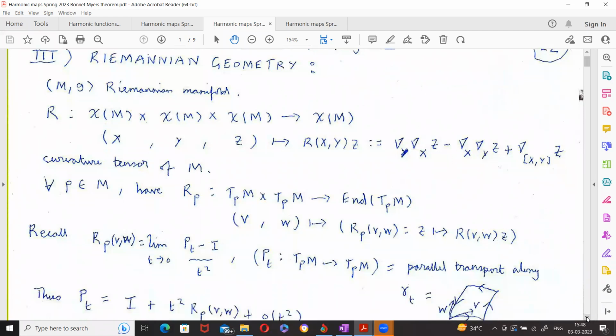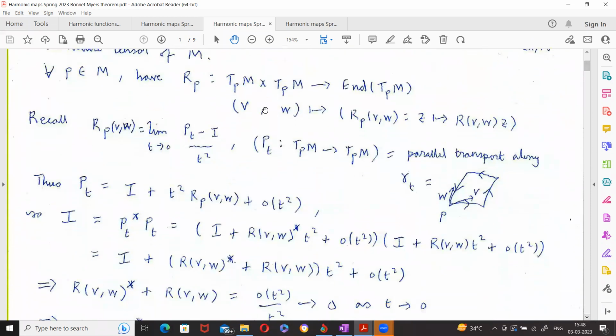And as I mentioned earlier, the curvature of a connection on a vector bundle, I can write in terms of a limit of parallel transport along small quadrilaterals. I choose 2 vector fields X and Y, whose values at P are equal to V and W, and such that their bracket is 0 in a neighborhood of P. Then I take small quadrilaterals where I flow by X for time t, Y for time t, then minus X for time t, and then minus Y for time t.